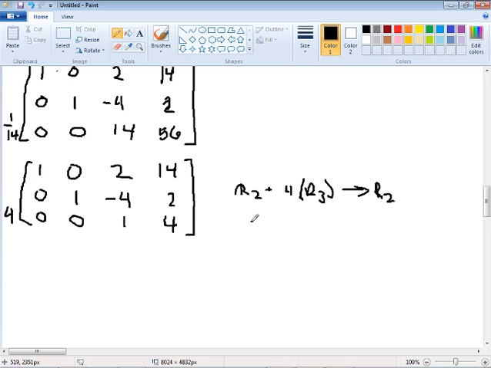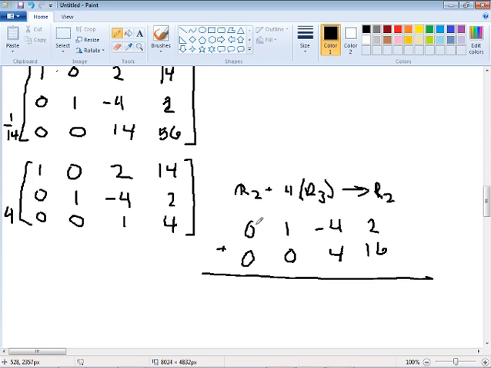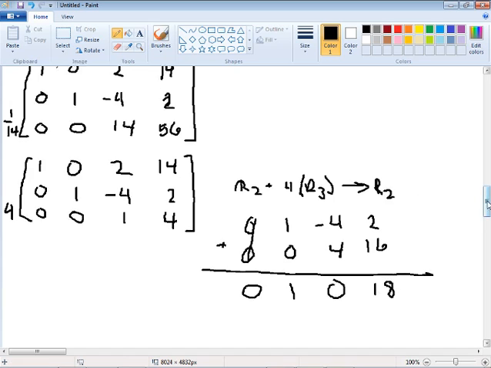So row 2, 0, 1, negative 4, 2, plus 0, 0, 4, 16. I add those together: 0, 1, 0, 18. This gives me my new row 2.